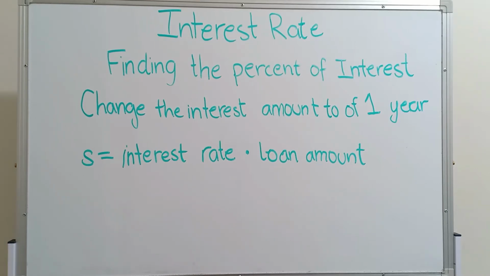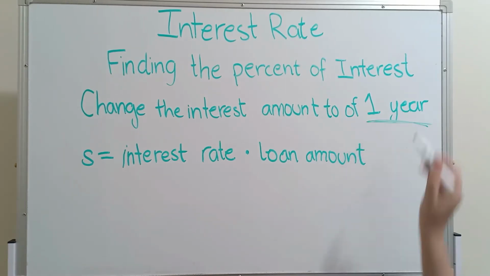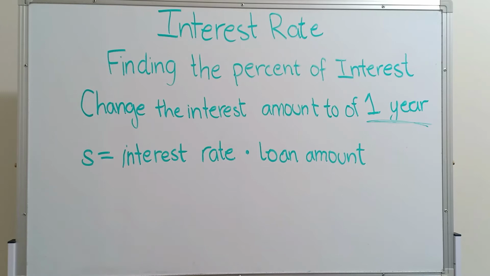So if we are given only 1 month, we can multiply it by 12 and get the interest amount for 1 year. And if we are given an interest amount for any other months or years, we have to turn it into the interest amount for 1 year, meaning when we are finding the percent form of interest, we need to have the interest in 1 year.